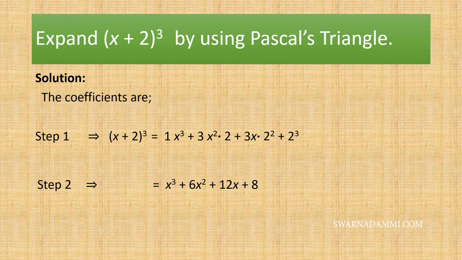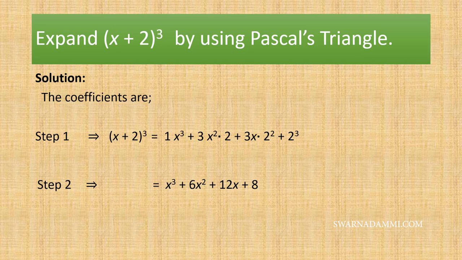If you go to the previous slides, you can see in my explanations that for the expansion with power 3, Pascal's triangle has given the coefficients 1, 3, 3, 1.